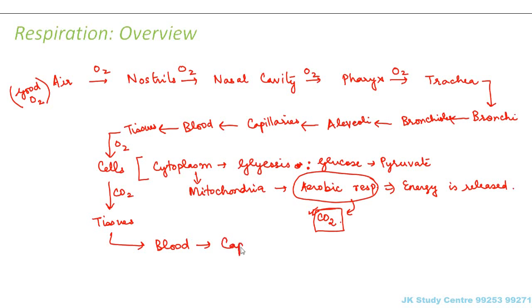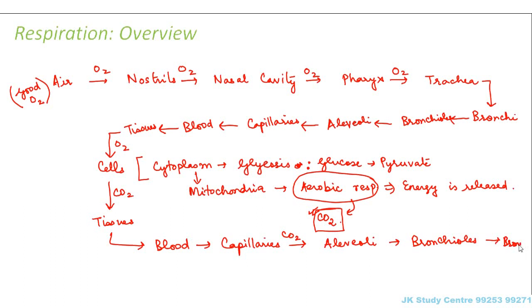So there again the capillaries, that is the blood vessels with the thinnest walls, will carry it, and the capillaries then will exchange or give this carbon dioxide to the alveoli. The alveoli will give it to the bronchioles. The bronchioles will then give it to the bronchi.